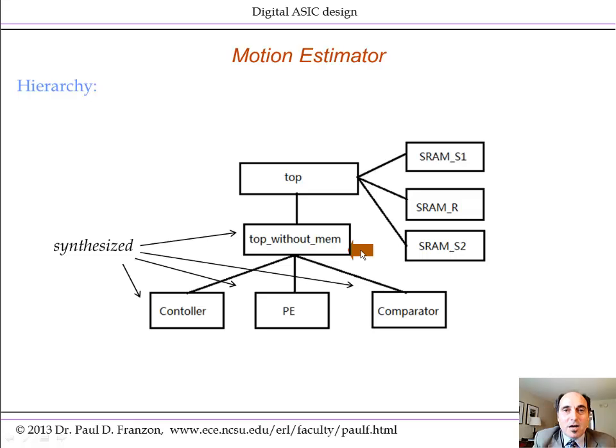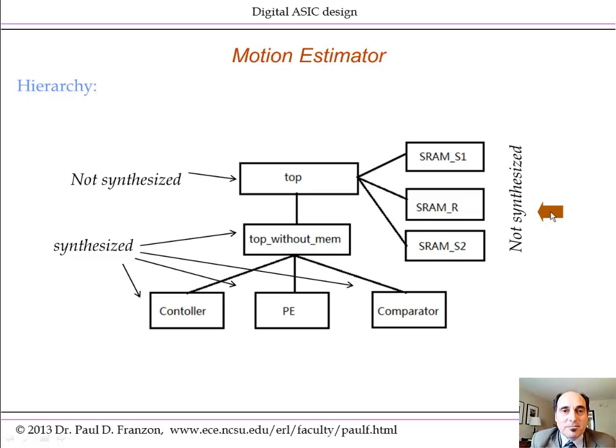We don't want to synthesize the SRAMs. If you accidentally do this, your synthesis runs will get very, very long as it tries to build these massive register file arrays. The SRAMs do not come from the synthesis tools. They are predefined blocks that are incorporated into your design. So in this example, the motion estimator, the synthesis was straightforward.